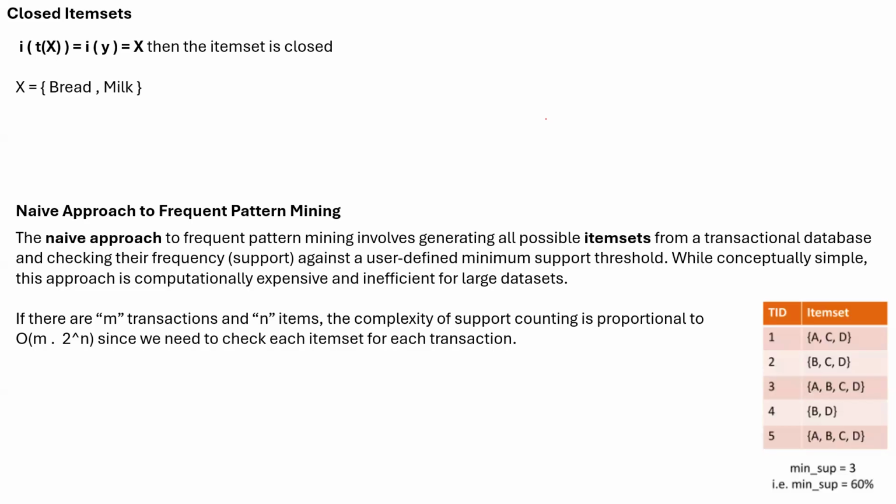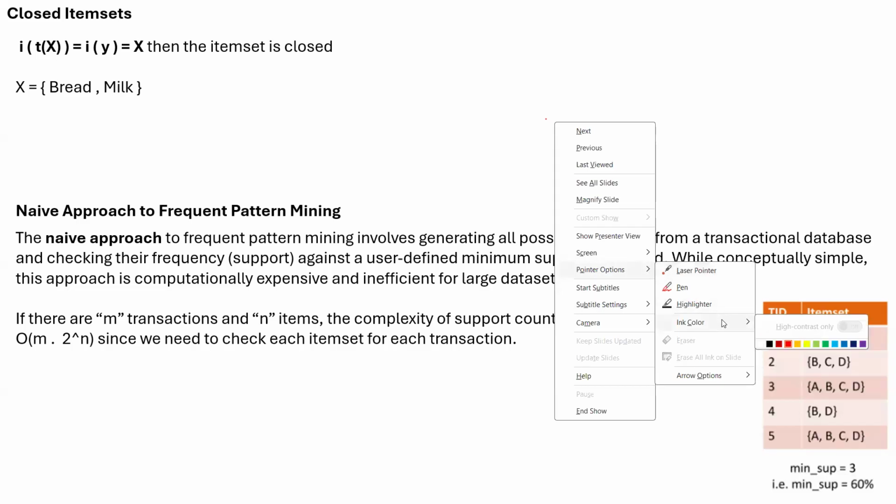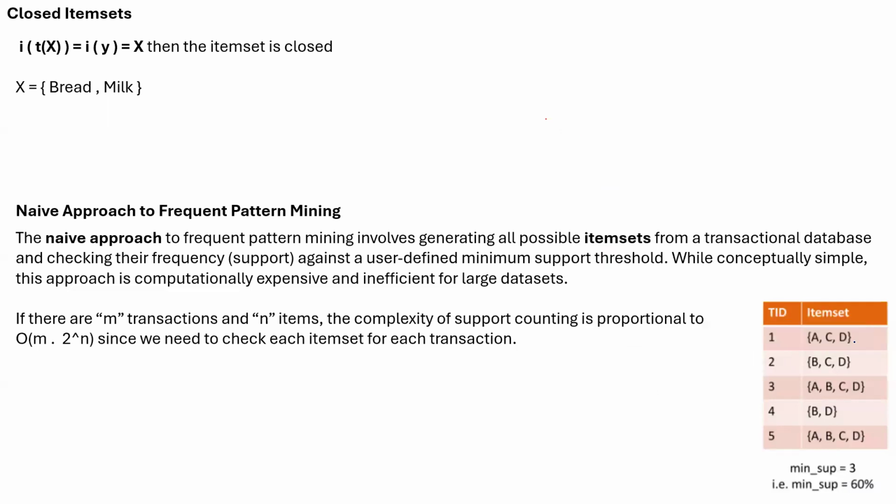So the lattice structure actually looks like this. Initially we have a null set. This is how the lattice structure would simplify the process of creating the combinations of items. Now, what are the different items that I have in this transactional database?